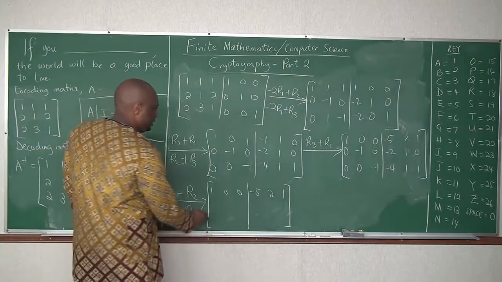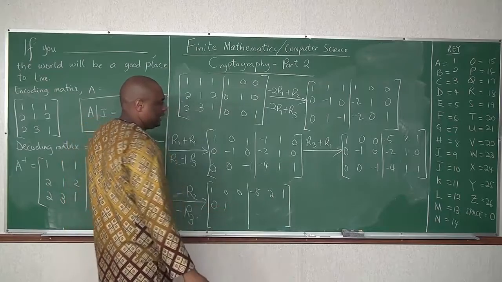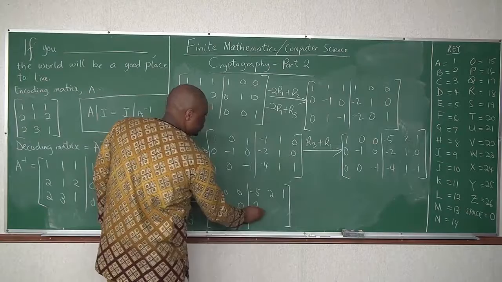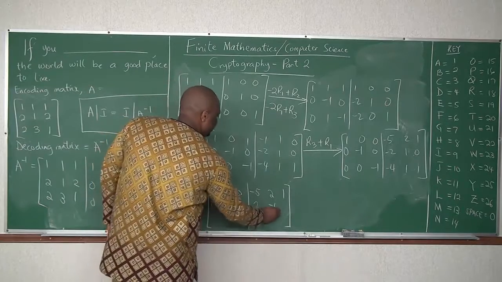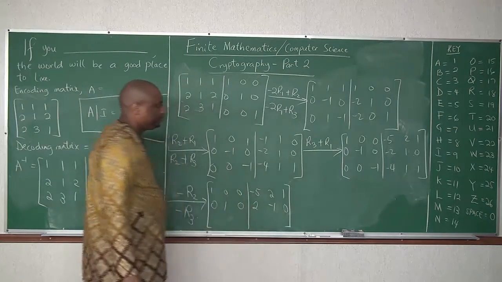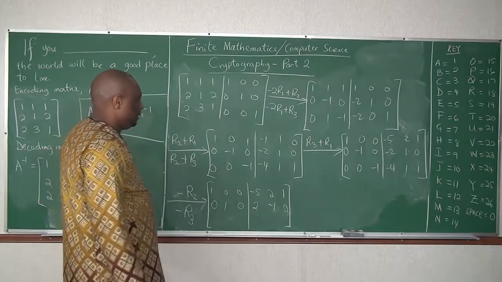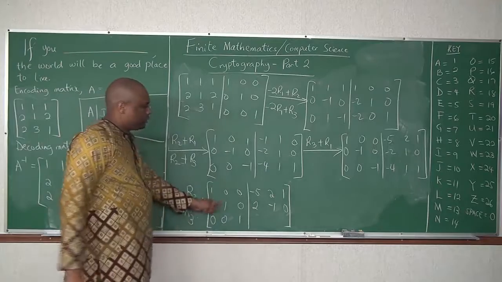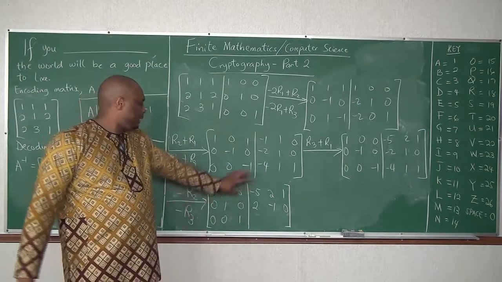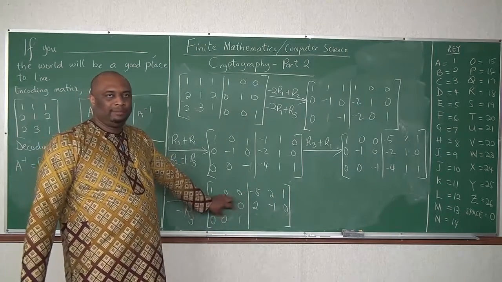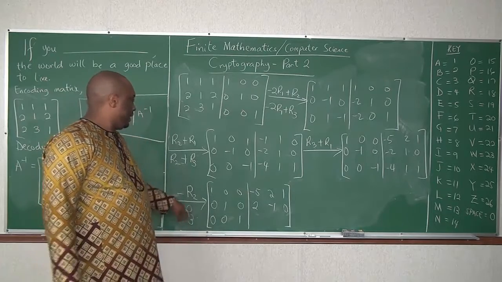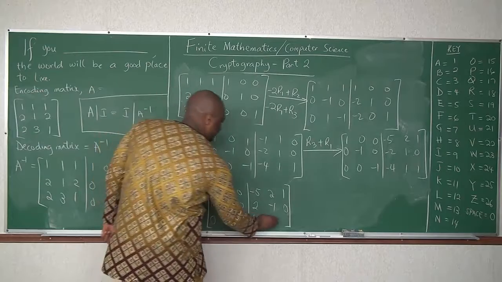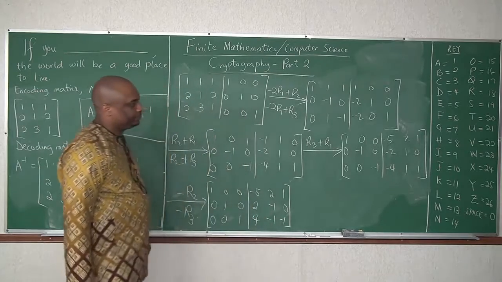Then this will be 0, 1, -1 is 1, 0, -2 is 2, then this is -1 and this is 0, then this will be 0, 0, -1 is 1. So I have the identity matrix here, 3 by 3 identity matrix, which is great. Then -4 is 4, then this is -1 and this is -1.